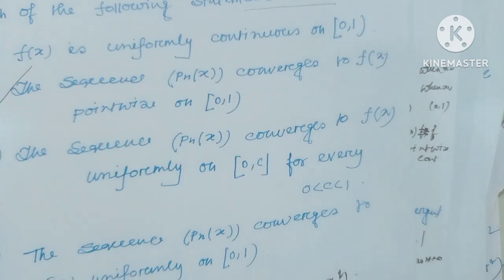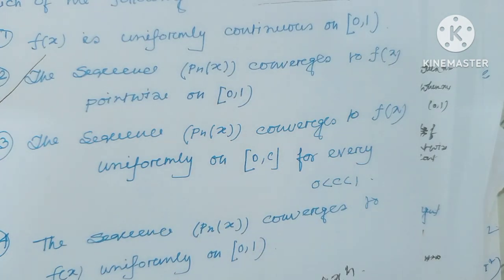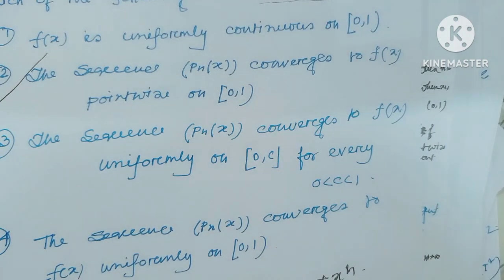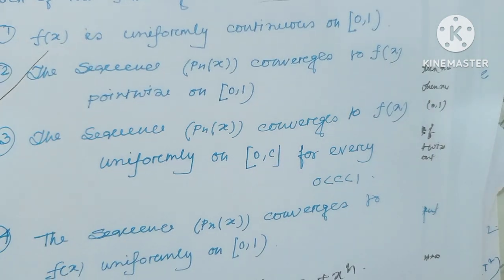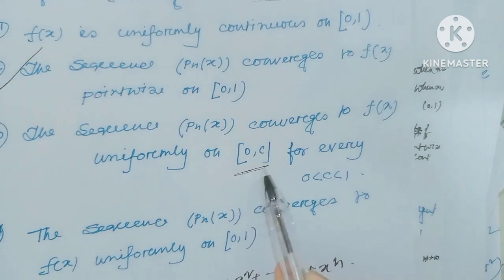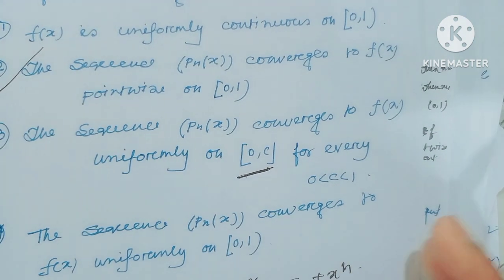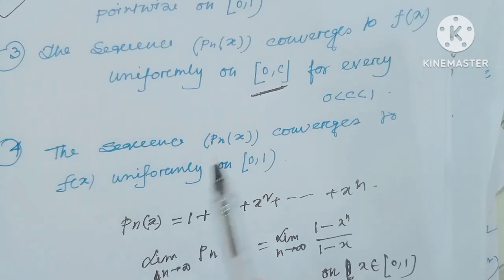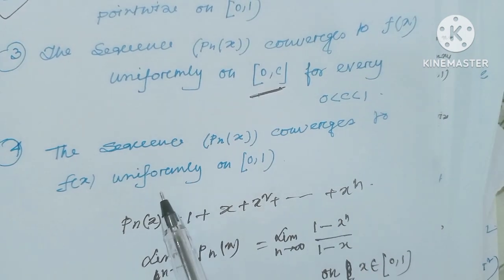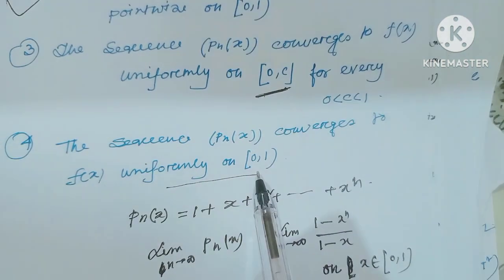Option 3: the sequence Pn(x) converges to f(x) uniformly on the compact domain [0,c]. I will see this a few minutes later. At first I will check whether the sequence Pn(x) converges uniformly to f(x) on [0,1).